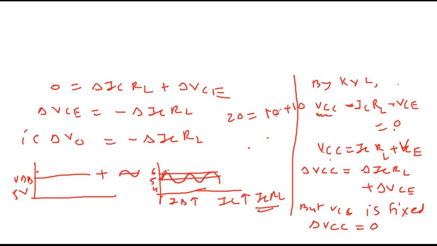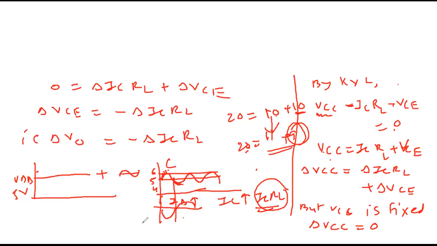If this 10 becomes 11, then this 10 should become 9, so that the total remains 20 only because VCC is not changing. So when this is increasing, this one is decreasing. That means when ICRL is increasing, then output will decrease. Now if VB is decreasing, IC decreasing, ICRL decreasing, output is increasing. So can I say when this is crest, then this is trough. When this is trough, then this is crest. Not followed?